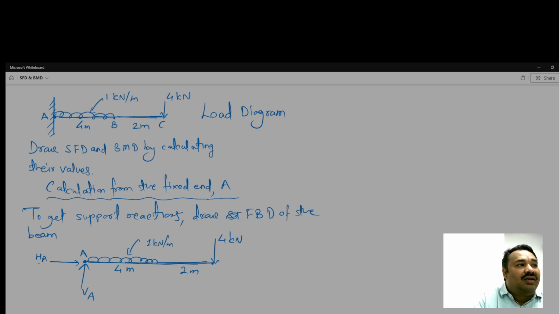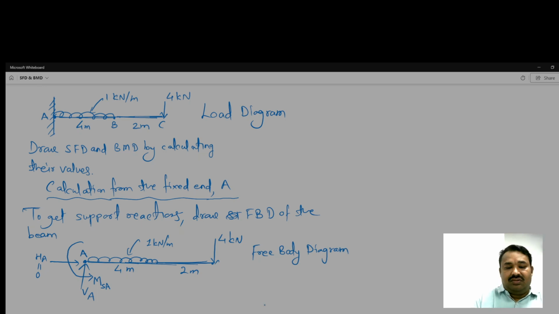So HA will be 0 because no external horizontal forces are there. And what about the resisting moment? ठीक है, ये आप कह सकते हैं moment at the end A due to the support. So better to write it as MSA. So in this way we have drawn the free body diagram.